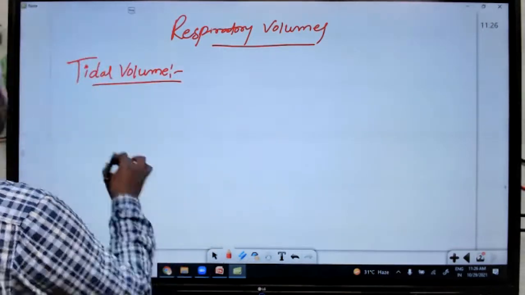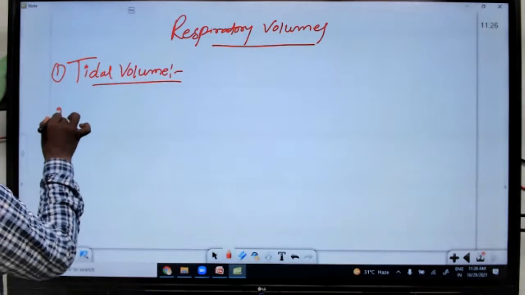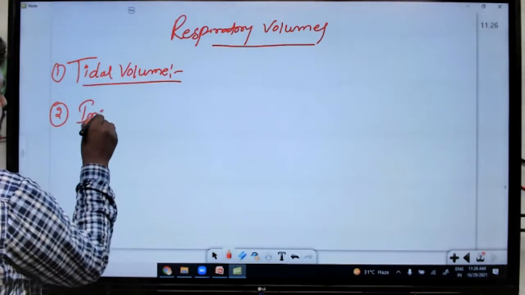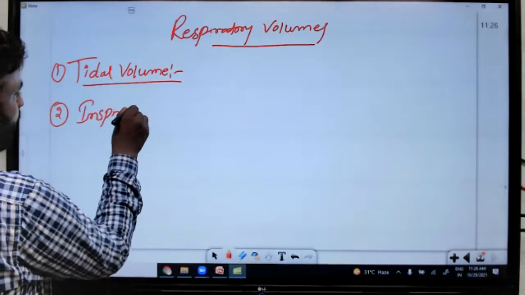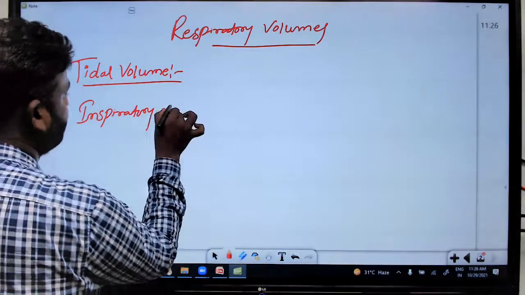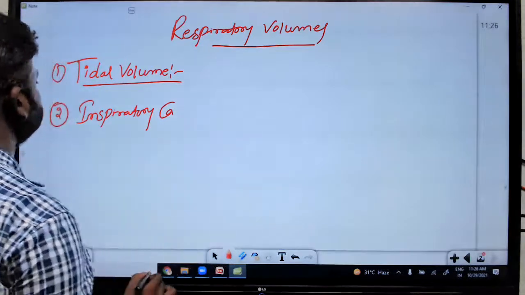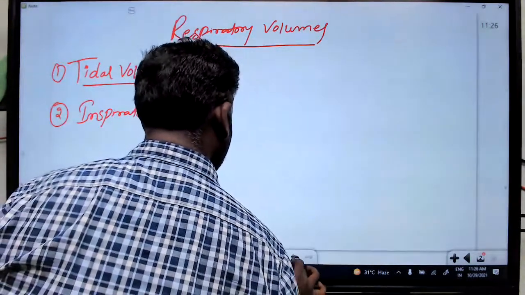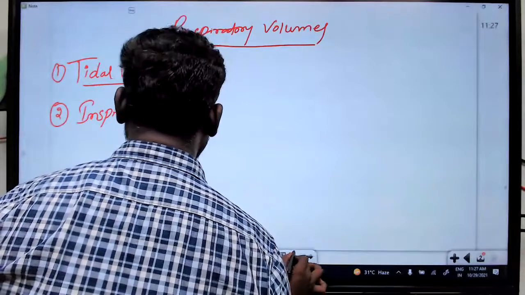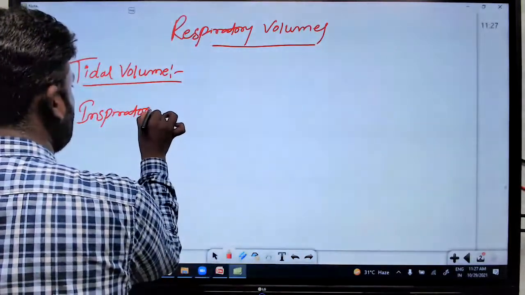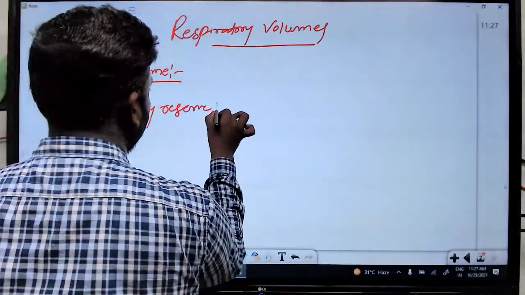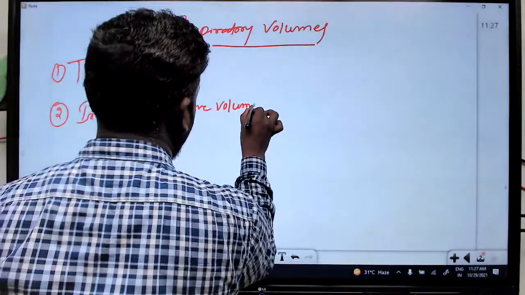And the second one, inspiratory reserve volume.